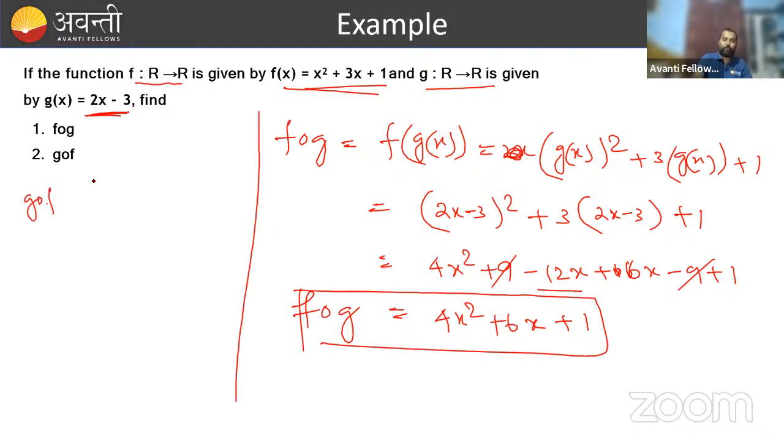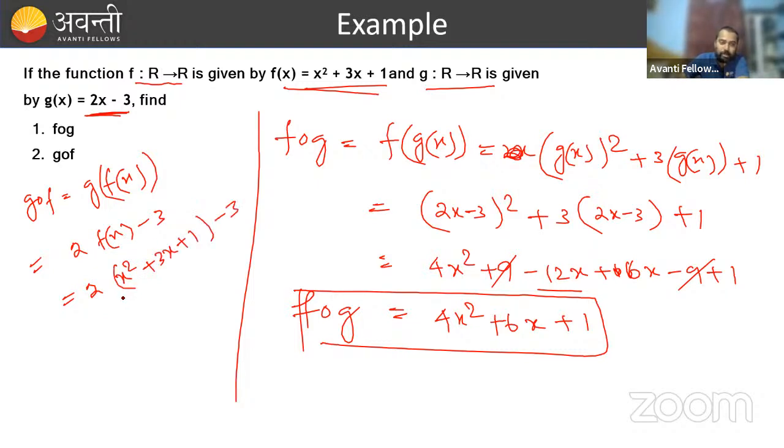So what is gof? That is g of f of x. f of x becomes your input, right? So instead of x, we'll write f of x: 2 into f of x minus 3. So 2 into, in place of f of x, we'll write x square plus 3x plus 1, minus 3, and you will simplify it.